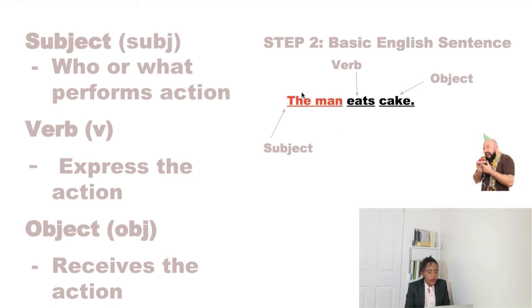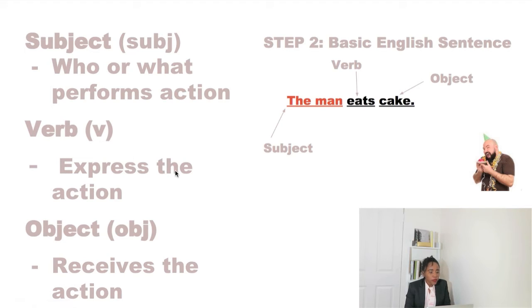In other words, the man in this sentence. So the subject tells you who performs what action in a sentence, and in this example, the man would be the subject. And the verb tells you what action is being performed.